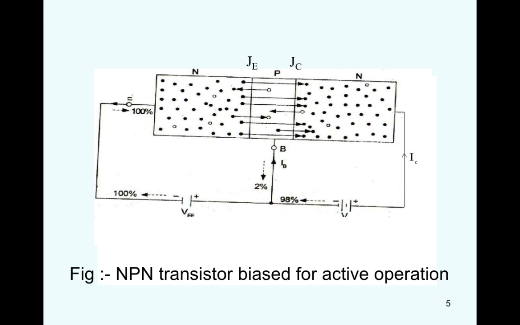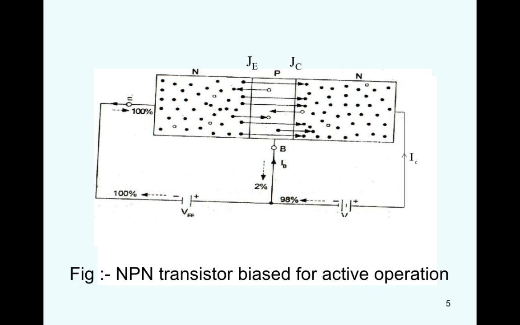So in this way the collector current consists of the emitter current. But we connect the JC junction in reverse biased mode. Due to this reverse biasing, there is no current, but because of minority carriers present in the semiconductors, a small current is created due to thermal agitation.